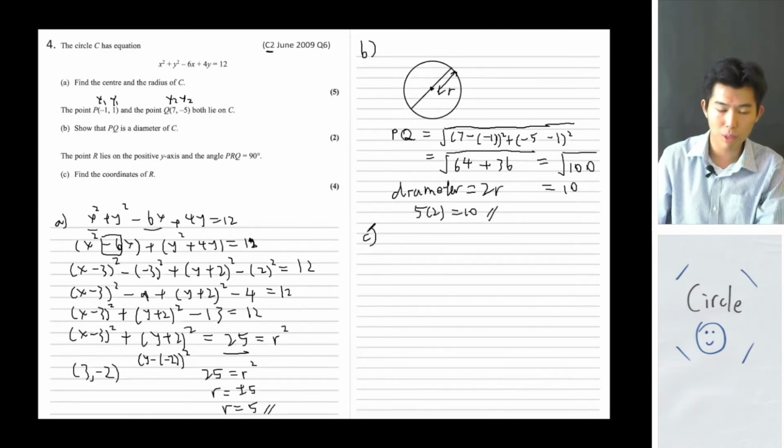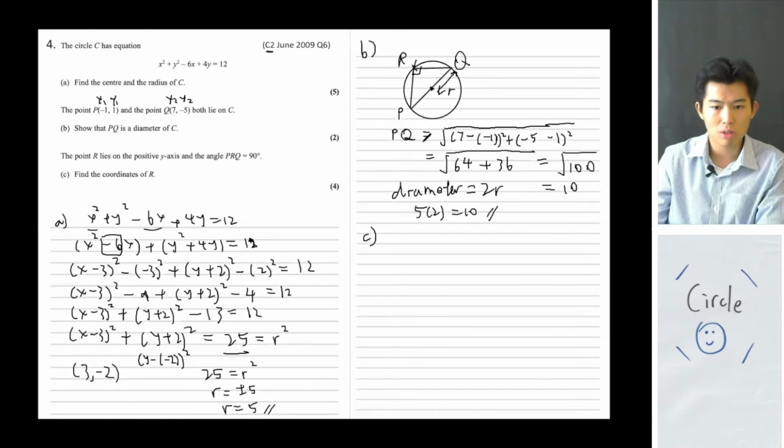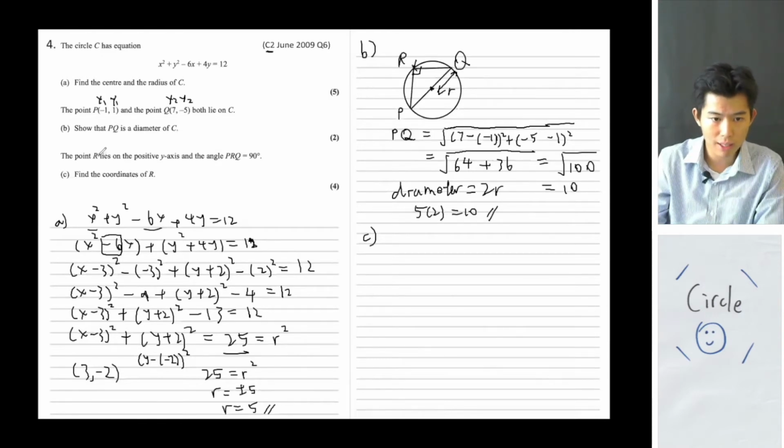Okay, let's move on to part C. They want us to find the coordinate of R. The point R lies on the positive y-axis, and the angle PRQ equals 90 degrees. So it mentions that R lies on the positive y-axis. So basically, the point R would exist when x is equal to 0.